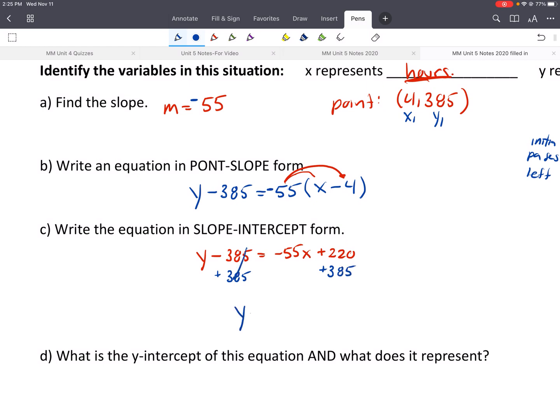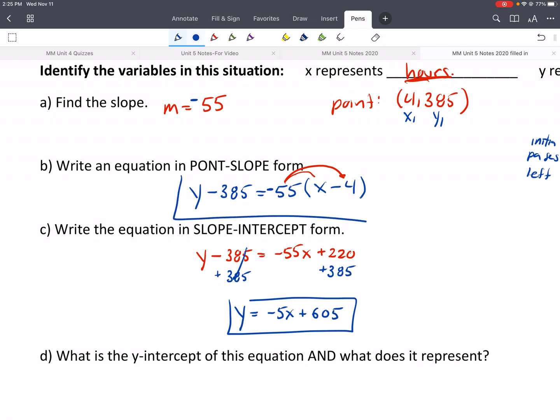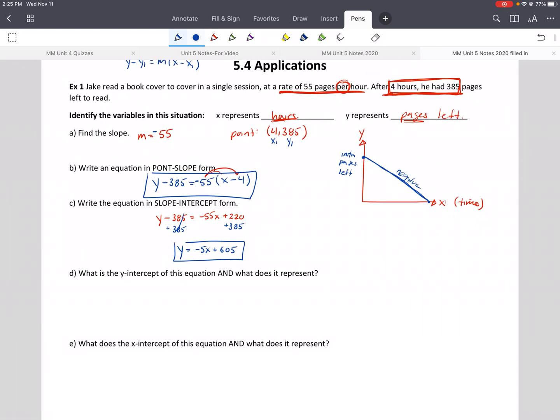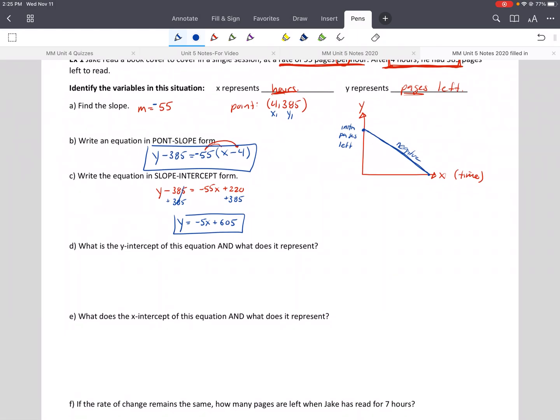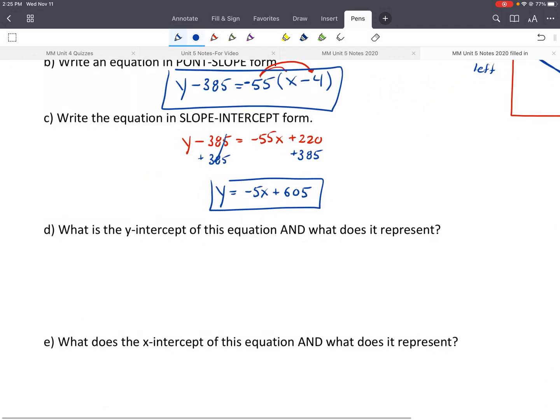So you'd get y is equal to negative 5x plus 605. Okay, so we have our equation in point-slope form, and we have it in slope-intercept form. Now we want to find what the y-intercept is, and what it represents.